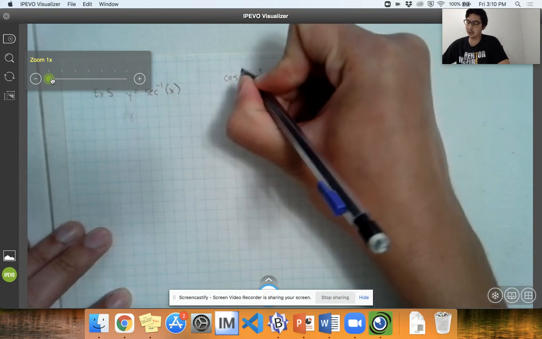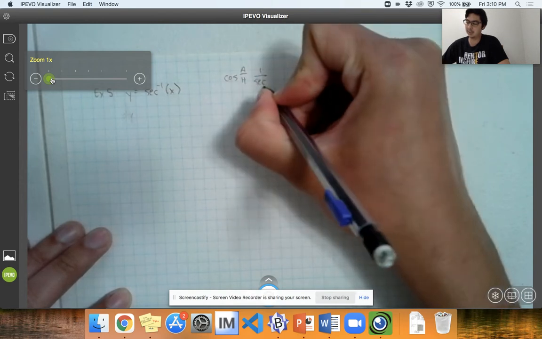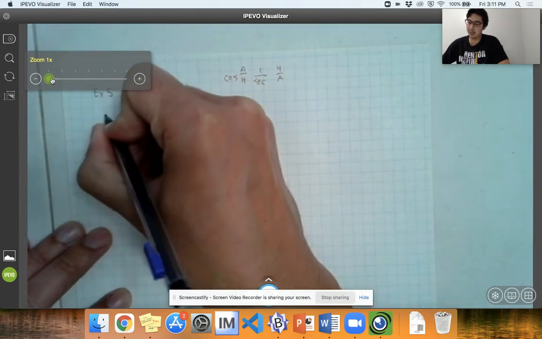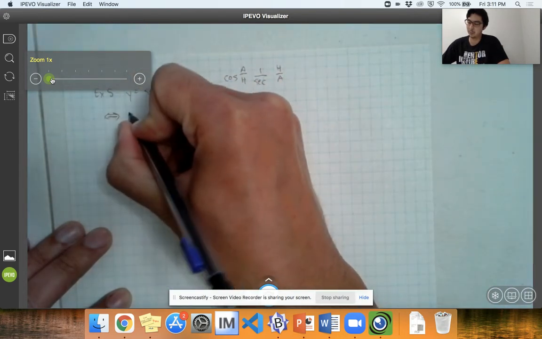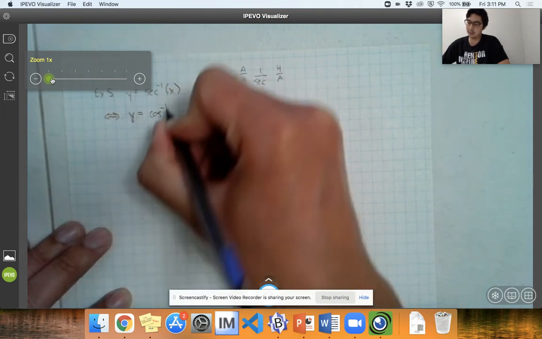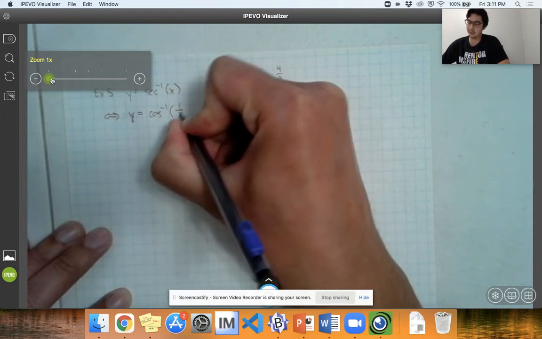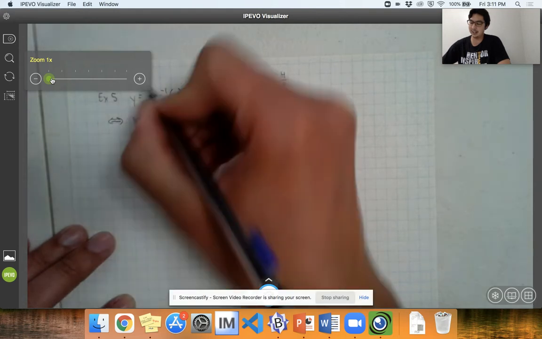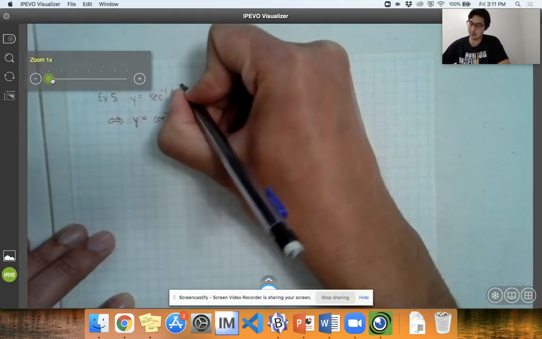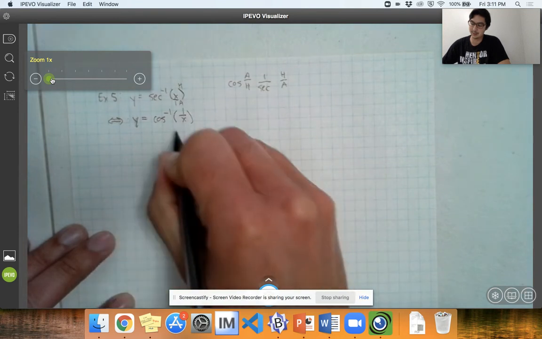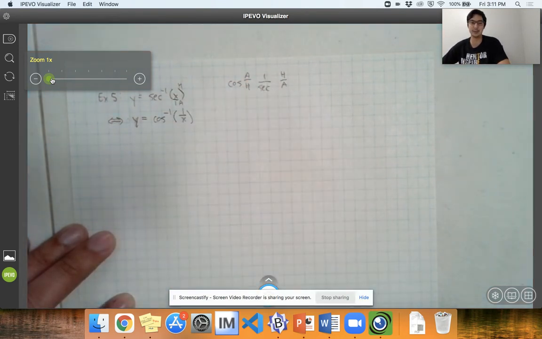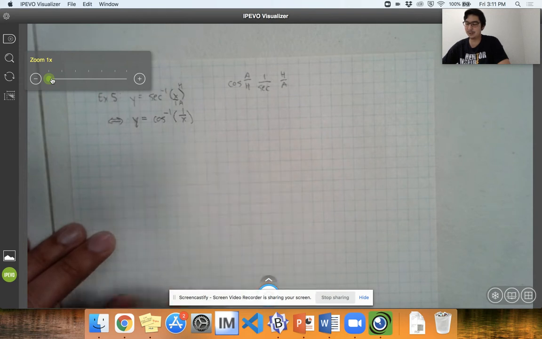So cosine is adjacent over hypotenuse. Secant would be hypotenuse over adjacent. So we can actually rewrite this as y equals cosine inverse, or arc cosine of 1 over x. Because technically x is x over 1, and that again is hypotenuse over adjacent. So arc cosine, we just reverse those because cosine would be adjacent over hypotenuse. And now cosine we know how to do.